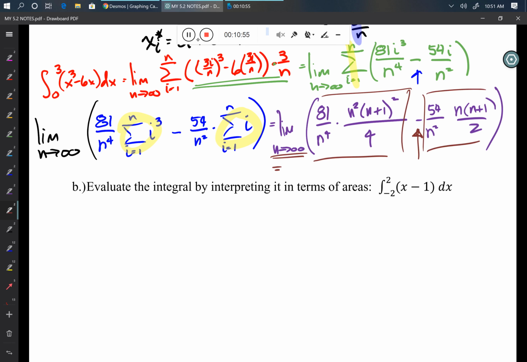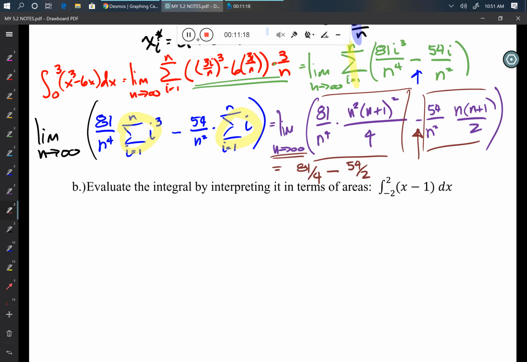The first one, if we distributed everything out in that numerator, we would have 81n to the fourth as our leading term. We'd have 4n to the fourth in our denominator. So the limit of that first term would be 81 over 4 minus. If we distributed everything out in the second term, we'd have 54n squared over 2n squared, so then minus 54 over 2.